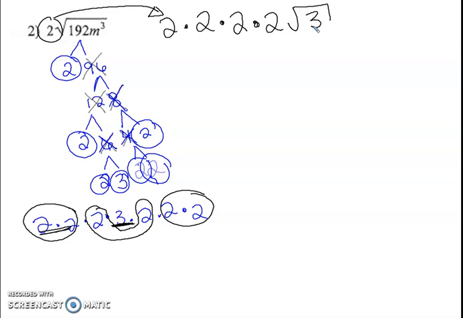So I want you to do 2 different problems. The first one, do 2 times 2 times 2 times 2 and then multiply it by the square root of 3 on your calculators. Not by 3, by the square root of 3.